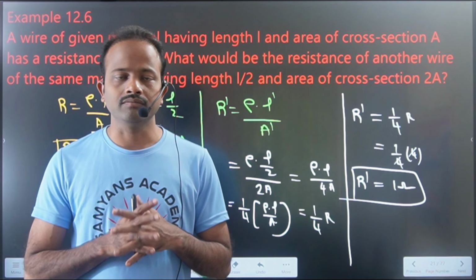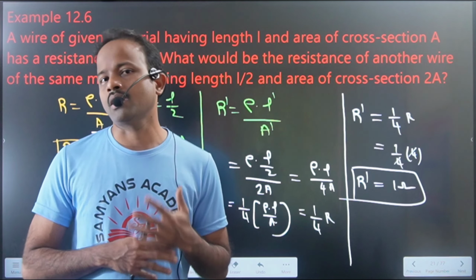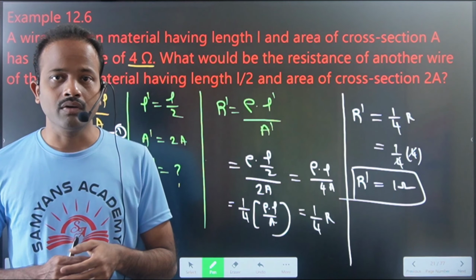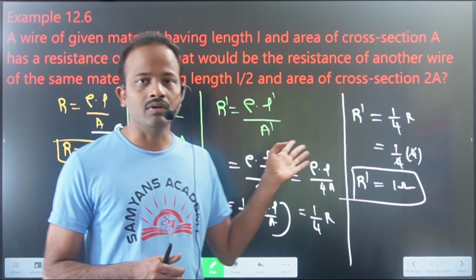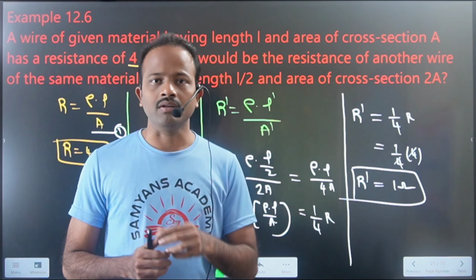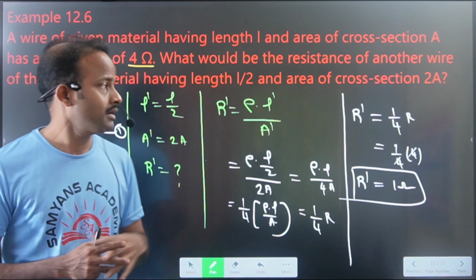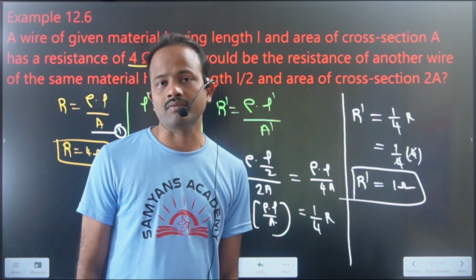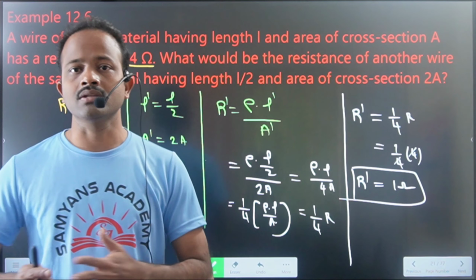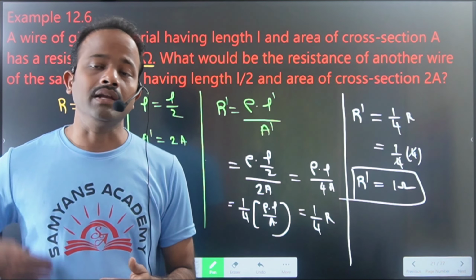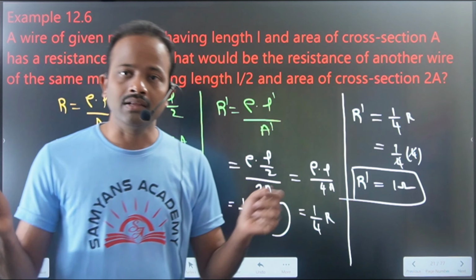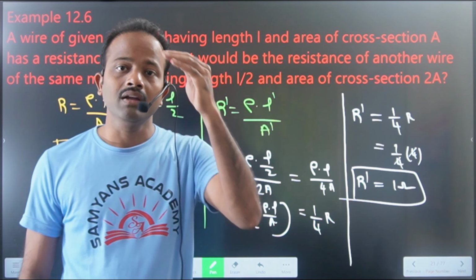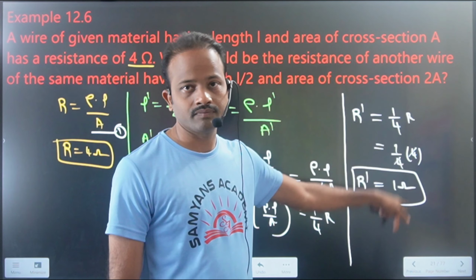So they give the material of the wire, some length L and area A, and some resistance value also. In this case you are taking another wire of the same material, but length becomes L by 2 and area becomes 2 times of A. Already you know that resistance is directly proportional to length and inversely proportional to area. Here length reduces to half, area increases to 2 times, which means the resistance of the wire decreases to 1 by 4.